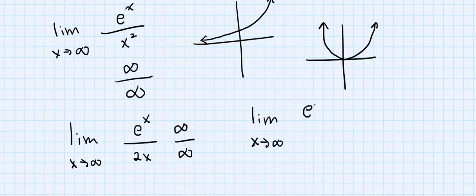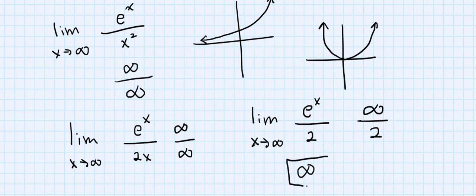So the derivative of e to the x is e to the x. The derivative of 2x is 2. What happens when you put in infinity? It's going to be infinity over 2. Well, what is infinity over 2? It's a big number over 2, which is going to be what? It's going to be infinity. So the answer will be infinity.